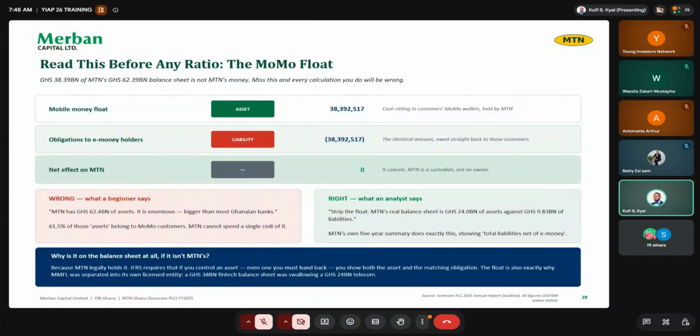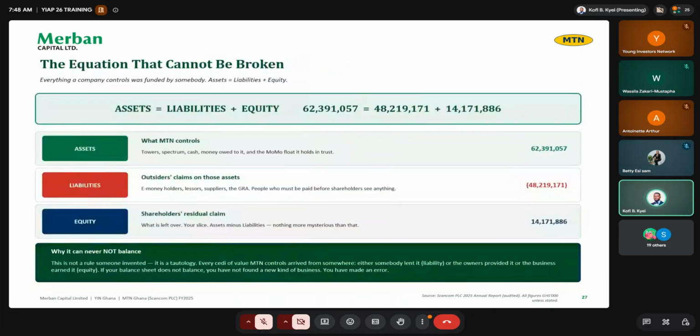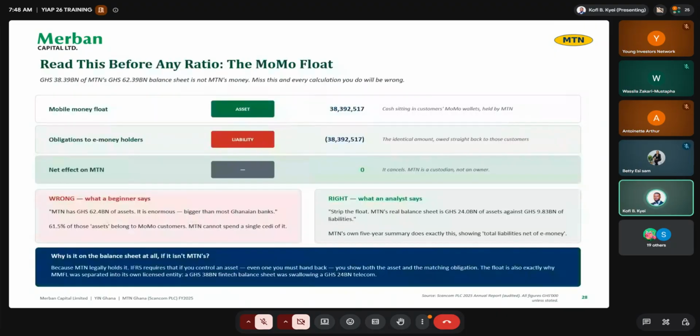I'm saying that MTN has total assets of 62.4, out of which 38 belongs to Momo holders. Then we can say that 24 of the assets belongs to MTN.